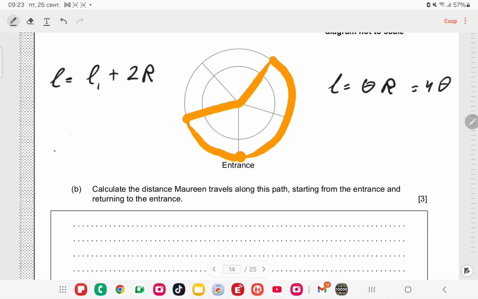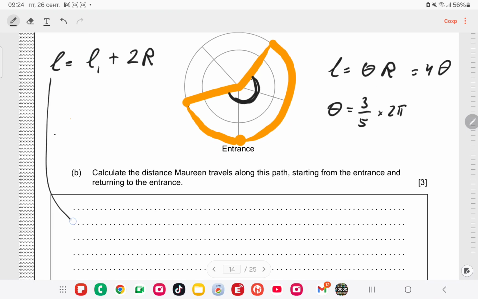Now we should find theta. For this case, theta is this one. You see that we have to consider the angle of 3 sectors out of 5. So that's why theta is equal to 3 over 5 of 2 pi, right? Of 2 pi.